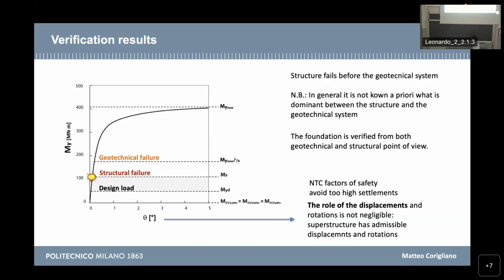And from this slide, we can see also that with the increase of bending moment on the foundation, we have rotations of the foundation itself that are not so negligible. So we are talking about a foundation system that is connected to a superstructure, and the superstructure has admissible displacements, so the foundation can't displace as much as you want, but there are admissible displacements.